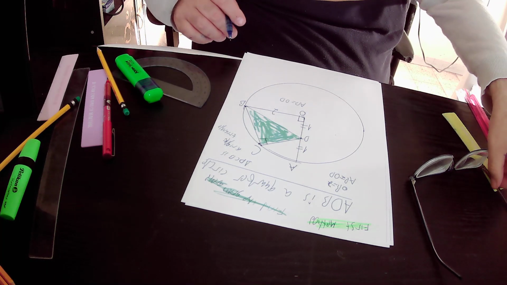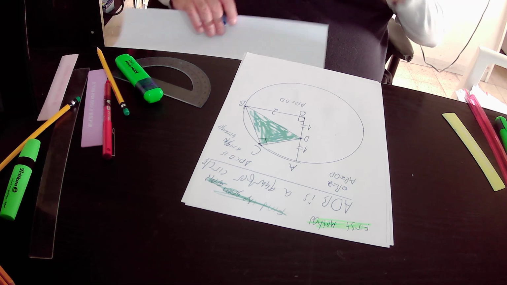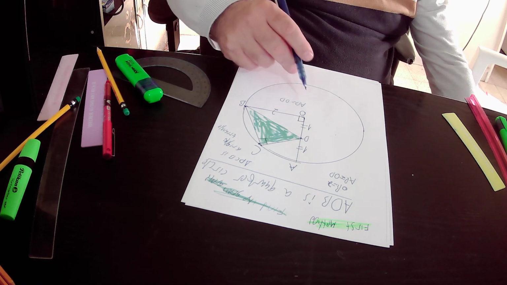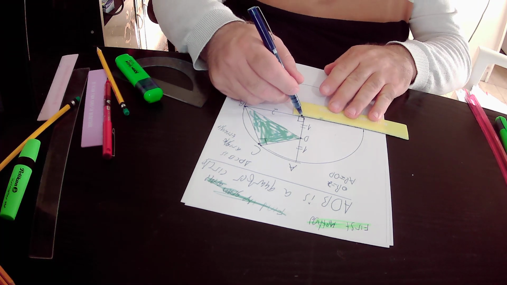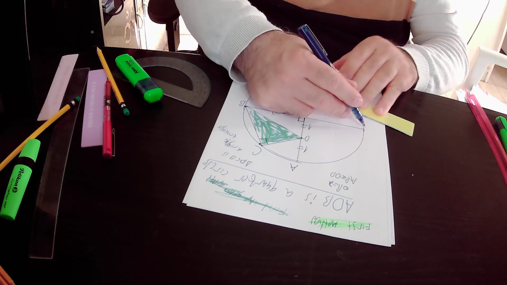So we completed the quarter circle to a circle, and we'll extend the radius BO until it touches the circle in this point.